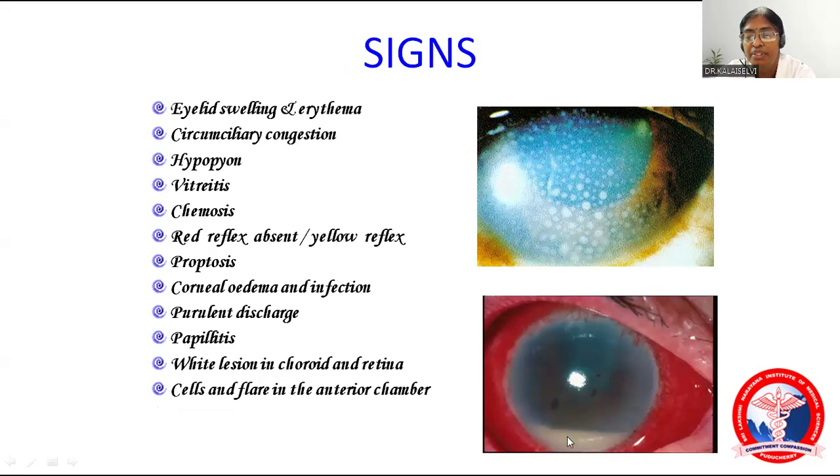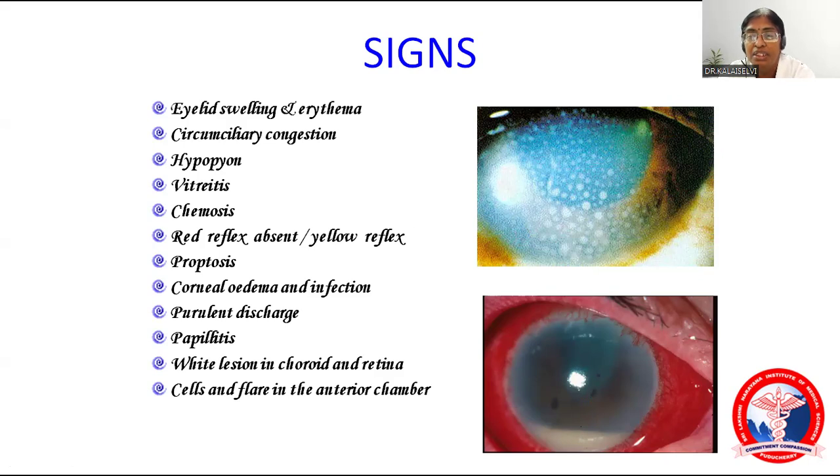And these cells deposit down because of gravity in the anterior chamber, and this is the hypopyon. And the inflammatory cells are seen in the vitreous also, that is vitritis. And because of this inflamed vitreous, the normal red reflex is not there. Instead, you can have a yellow reflex in them.